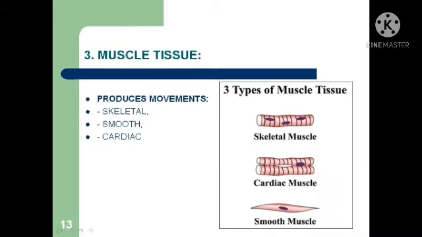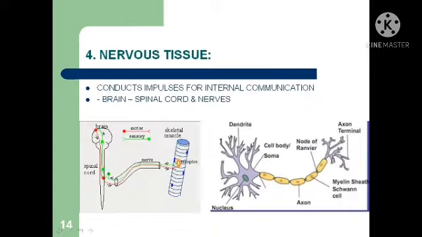The muscle tissue produces movements, and the major types of muscle tissue are the skeletal muscle, the smooth muscle, and the cardiac muscle. The nervous tissue conducts the impulses for internal communication. That is, it is composed of the brain, the spinal cord, the spinal nerves and the cranial nerves.